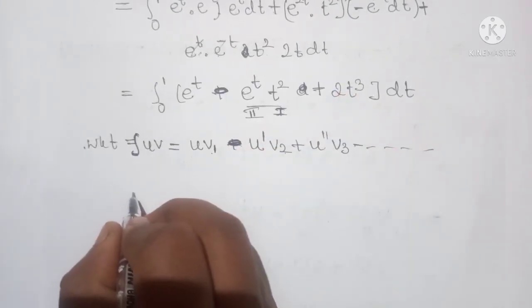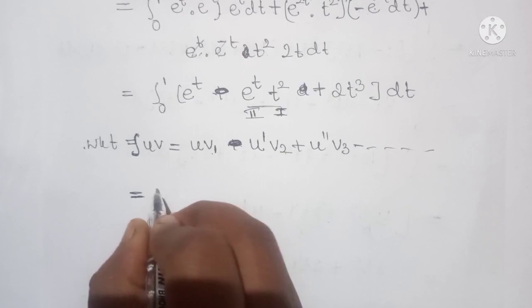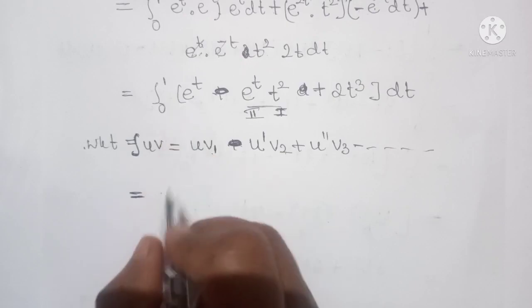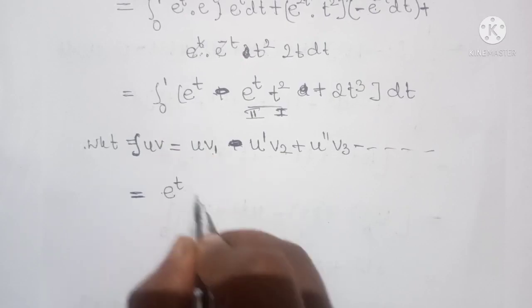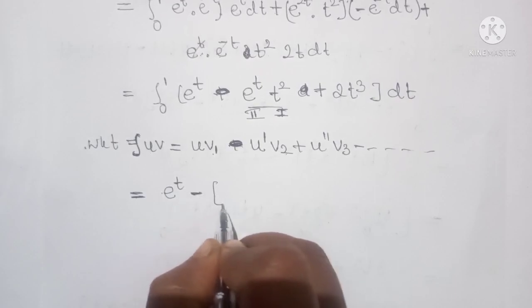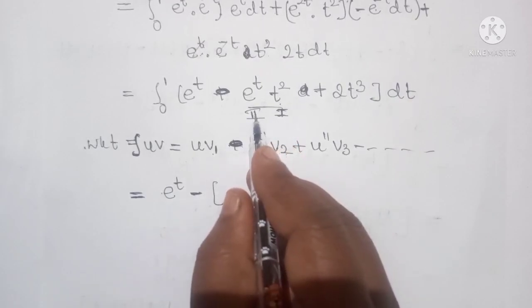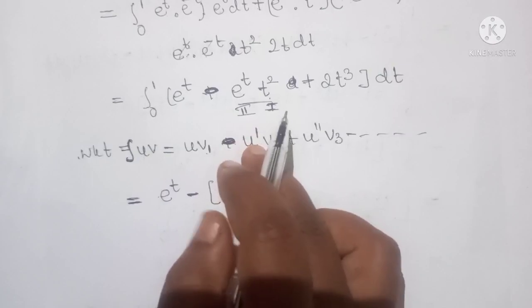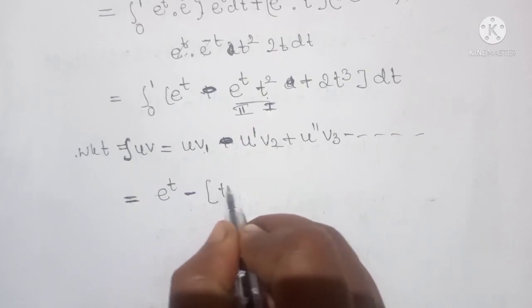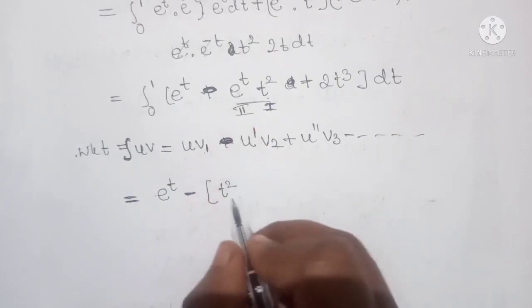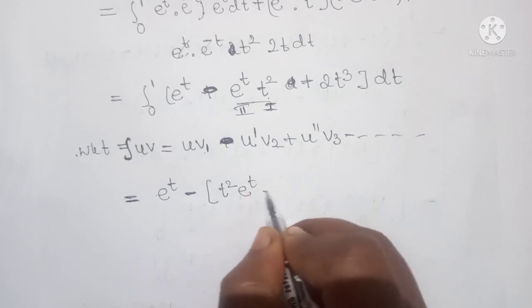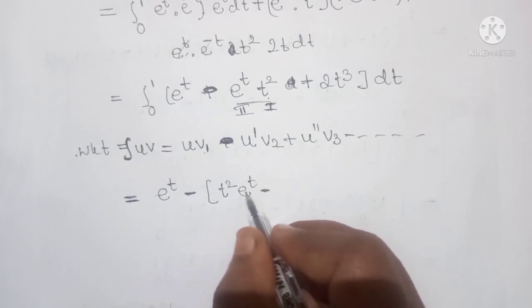So integrating, we get e raised to t, whose integration is e raised to t itself, with the minus sign as it is. Treating this as the first function and this one as the second function, integrating by this rule we get t square as it is, integration of e raised to t is e raised to t.